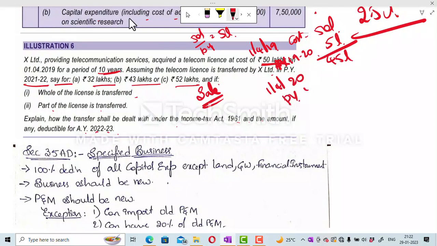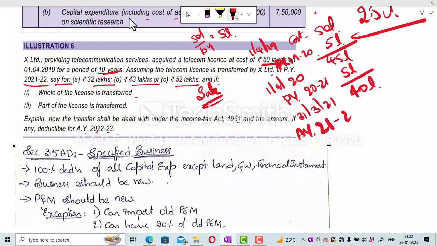And for previous year 2020-21, another 5 lakhs we will deduct as on 31/3/21. What will be that? 40 lakhs. What is the assessment year? 21-22.